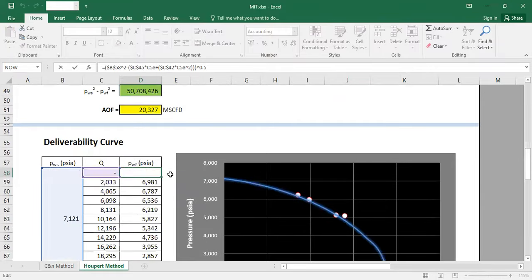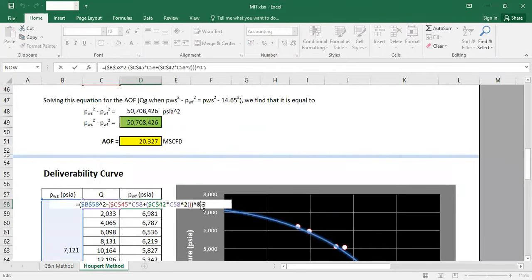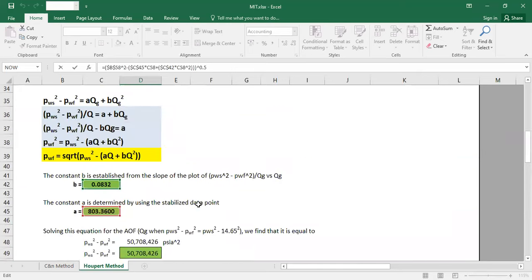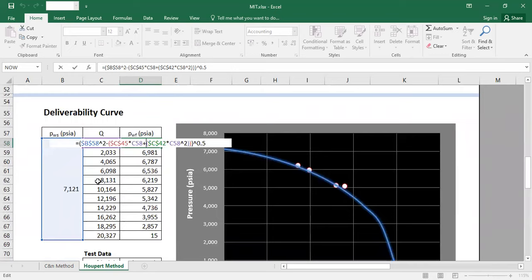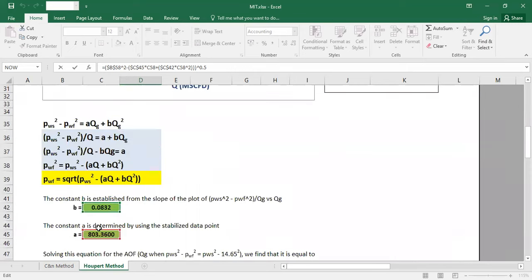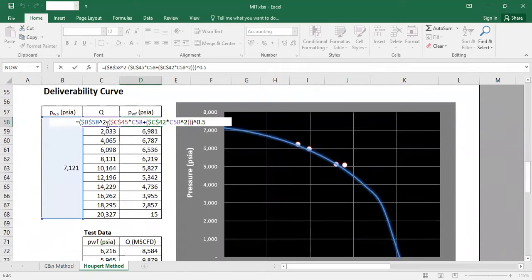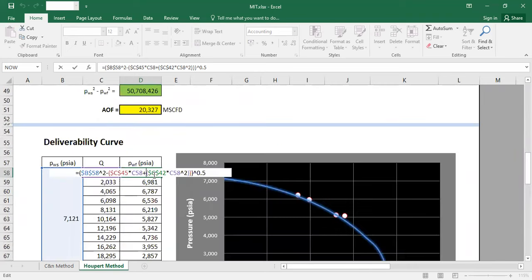So we do the square root by using this powered by 0.5. And then this one, PWS squared. So PWS here, I use 7,121 squared, and then minus this one, minus A multiplied by the flow rate from the previous column, plus the B multiplied by the flow rate squared, flow rate from the previous column.